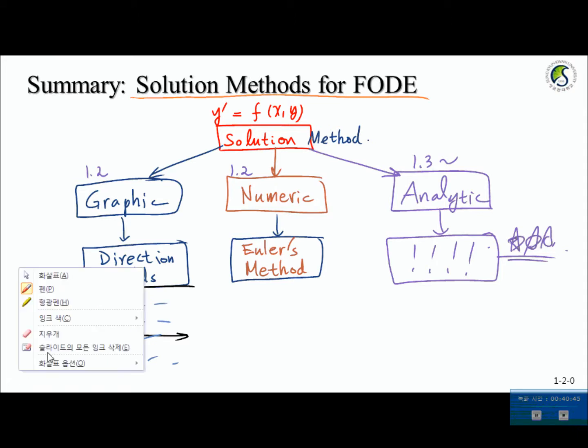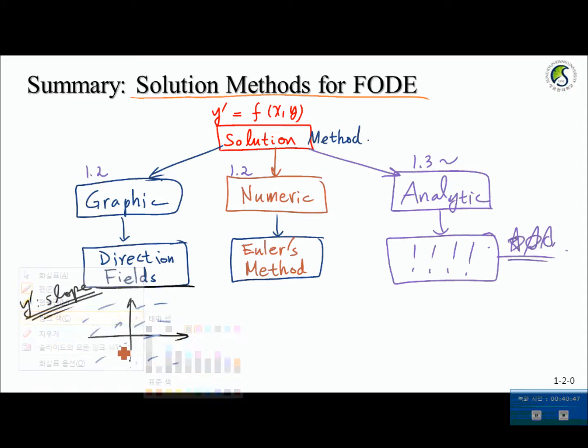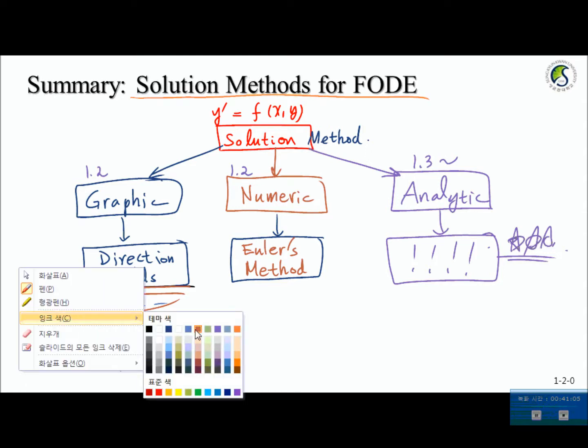Then that'll show you some flow of the solution curve, the solution function. So graphically you have an overview of the solution. That's what direction fields are. We're going to learn it in more detail, and that's the whole overview of the graphic method.